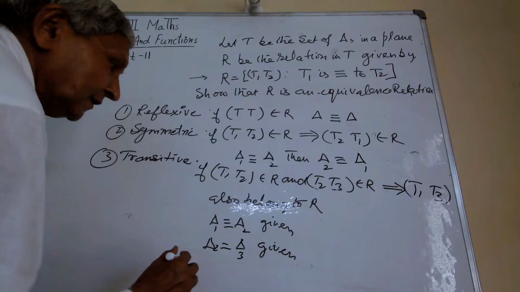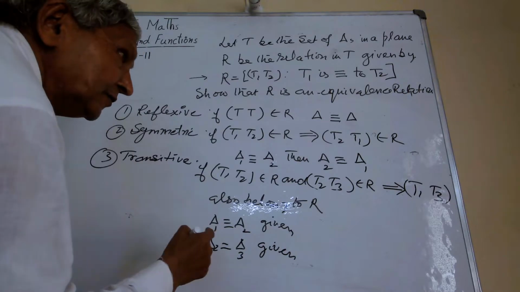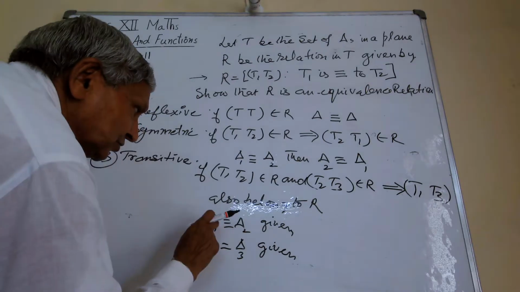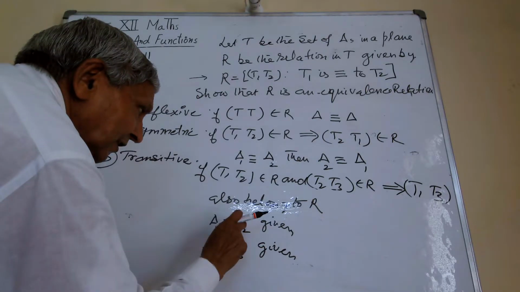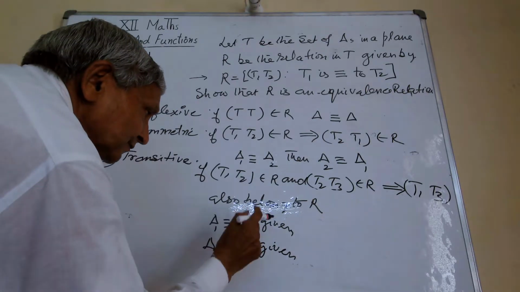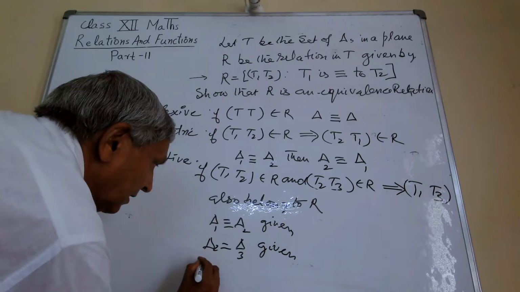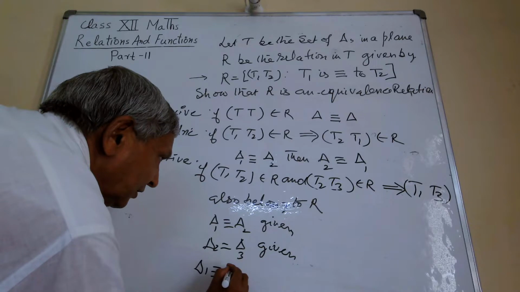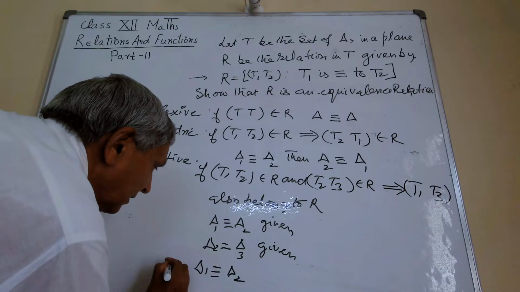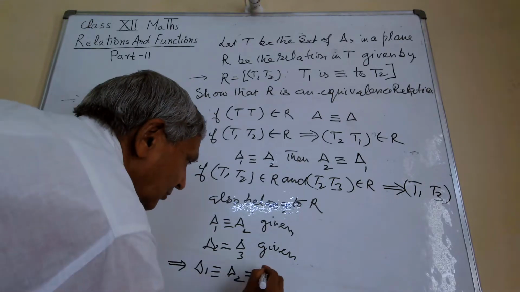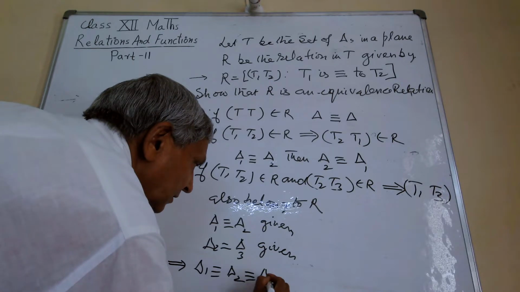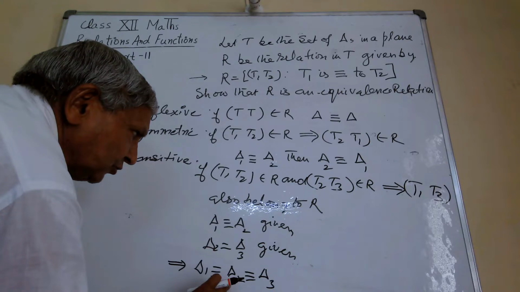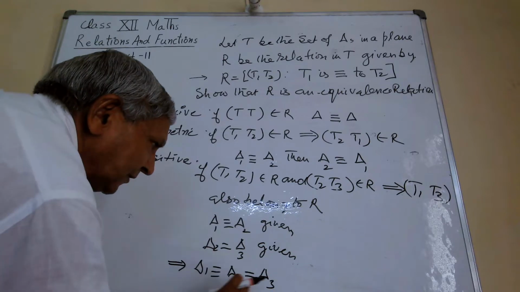Now T1, T3. From first, T1 is congruent to T2. From second, T2 is congruent to T3.